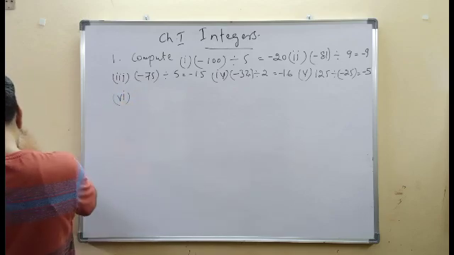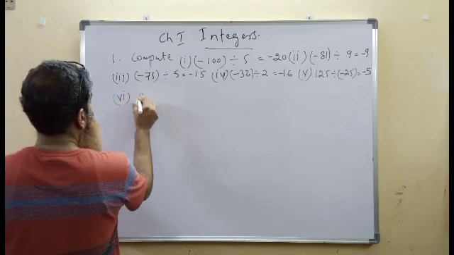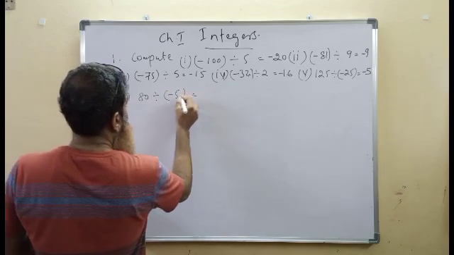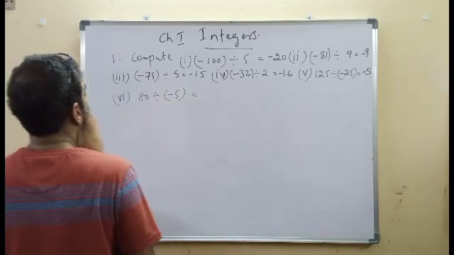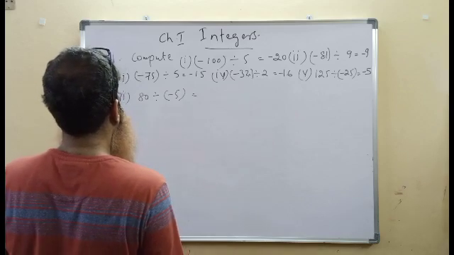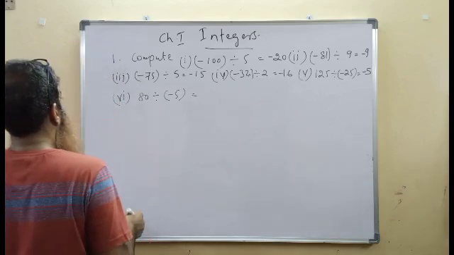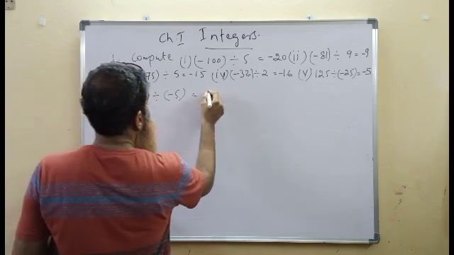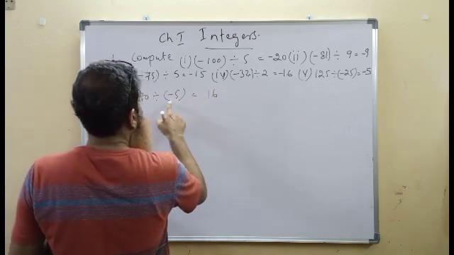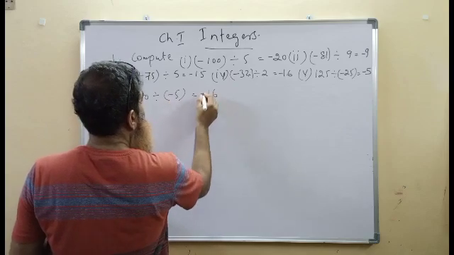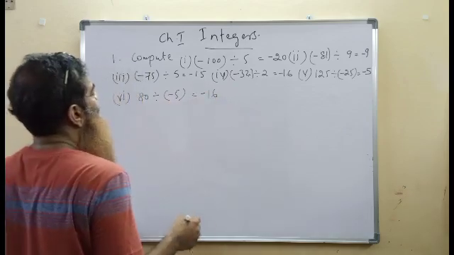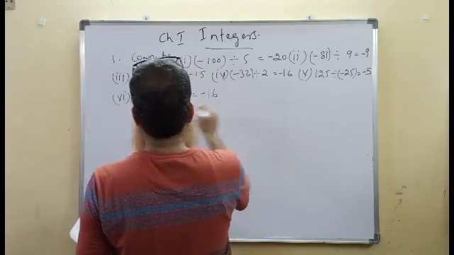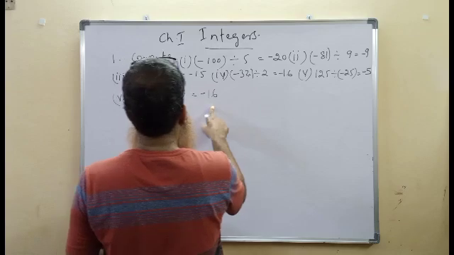Sixth bit, 80 divided by minus 5. 5 16 times is 80, but this 5 being negative, we get the resultant as also a negative integer. 80 divided by minus 5 is equal to minus 16.